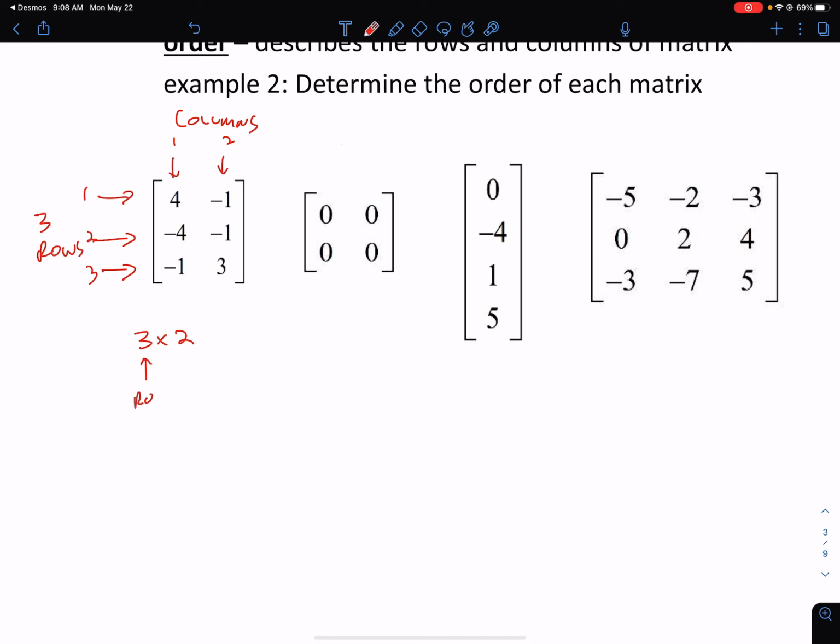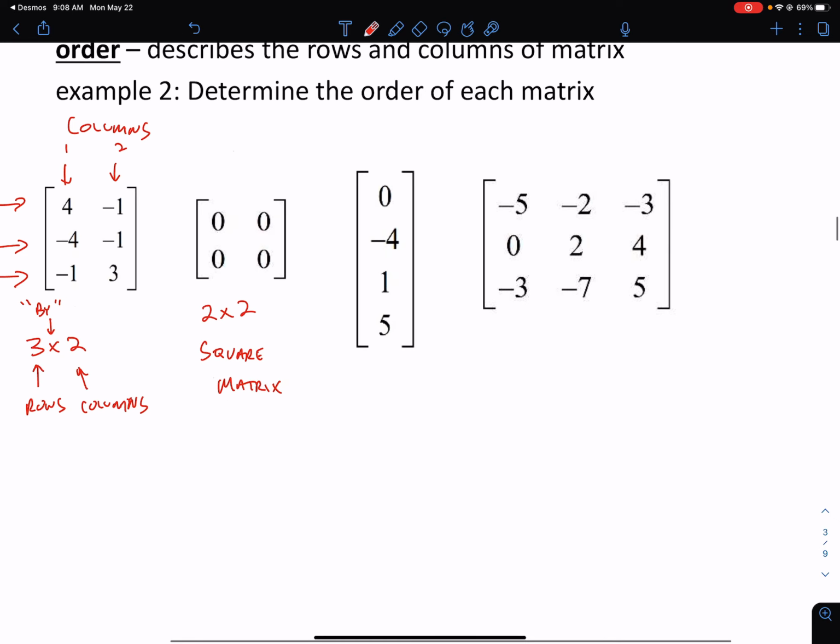We put rows first, and then we write columns second. We use the word by here, a 3 by 2 matrix. All right, so this one is a 2 by 2 matrix because there's 2 rows and 2 columns. And whenever that happens, we call that a square matrix.